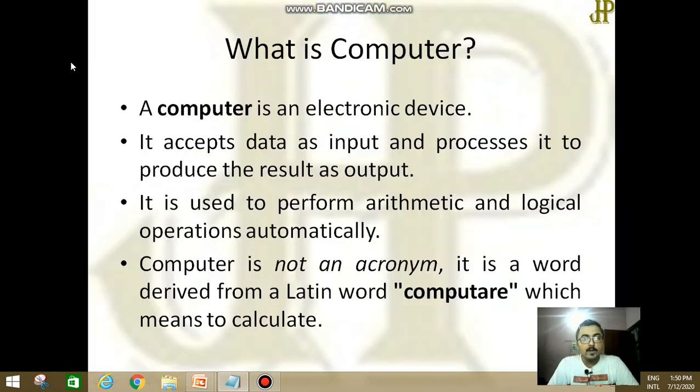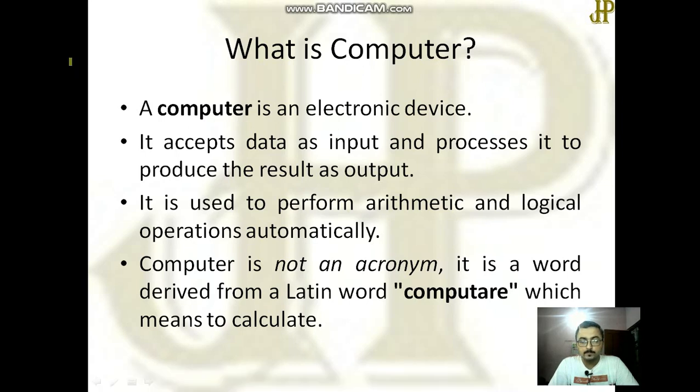Now, the next point is it accepts data as input and processes it to produce the result as output. Next, a computer is used to perform arithmetic and logical operations automatically.